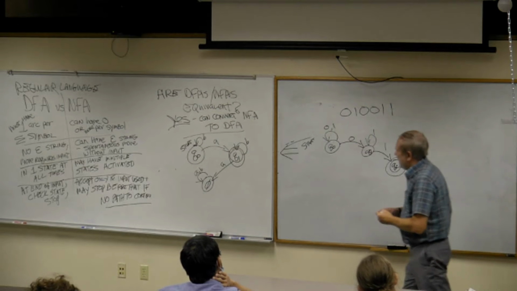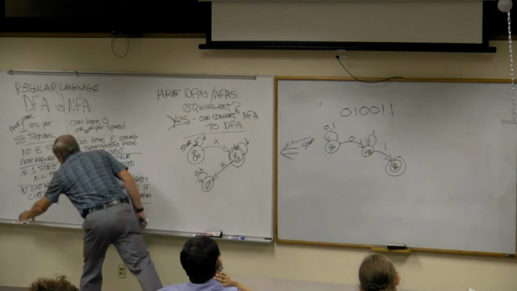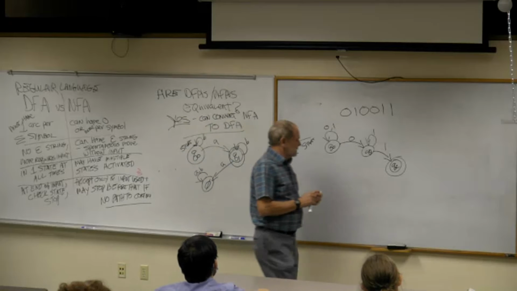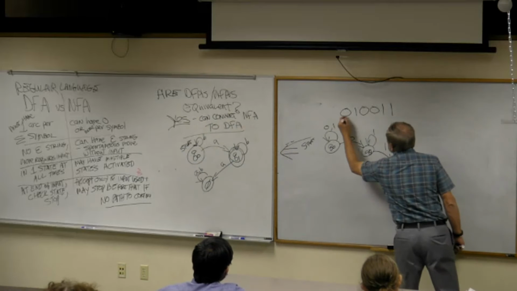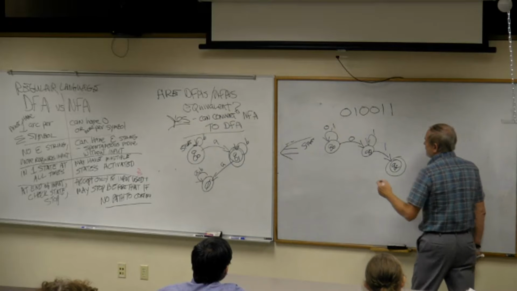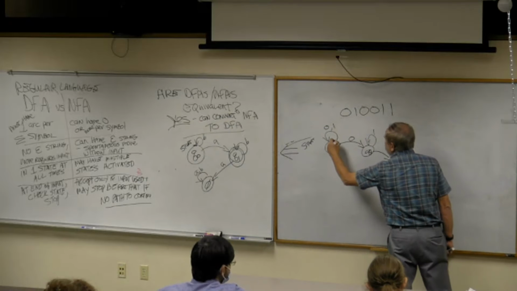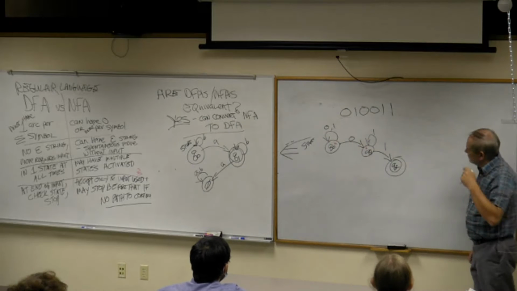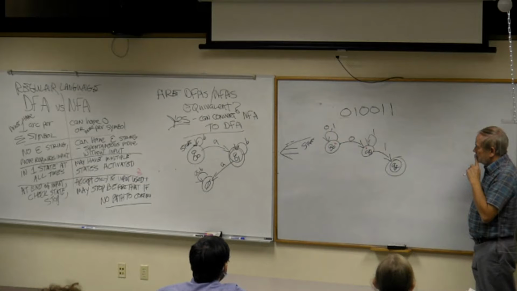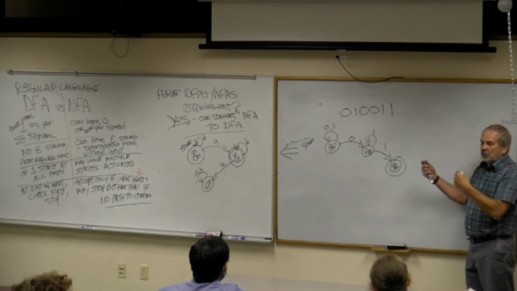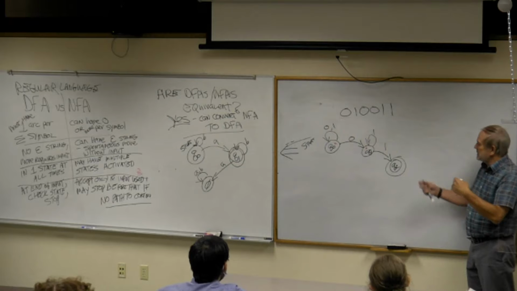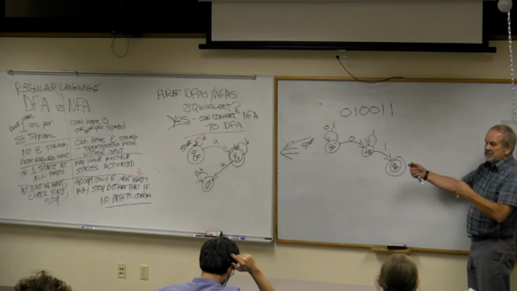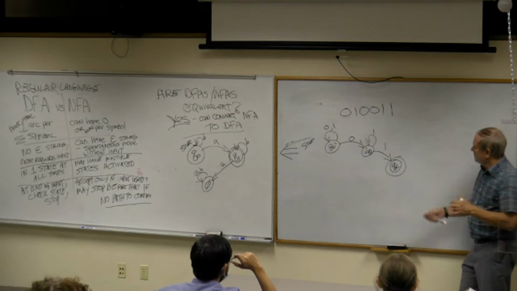I'm going to get my little red marker out. So what does it do when it sees 0? It's going to activate. It's going to start here. It's going to loop on 0 and also take a trip over here on 0. We can think of it practically as having multiple states as possible current states that could have a transition on it.